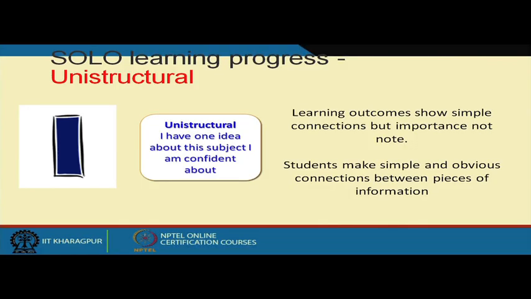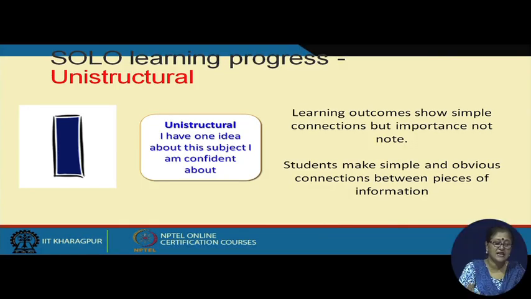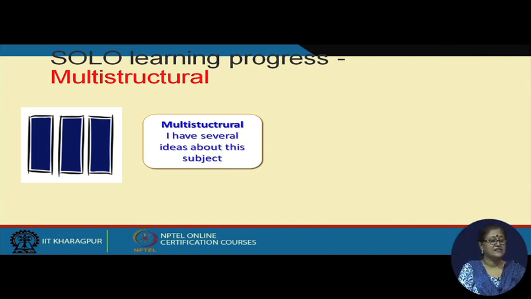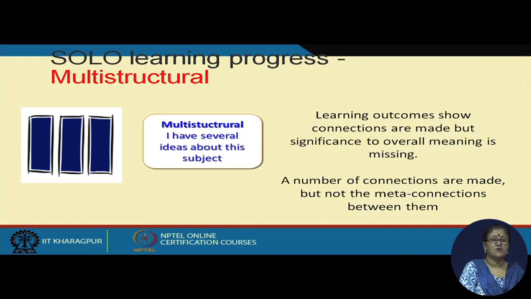That is the unistructural level. The learning outcome shows a simple connection, but importance is not noted. The student makes a simple and obvious connection between pieces of information, that is all. But when it comes to the multistructural, I can see several ideas about the subject, where the learning outcomes show connections are made, but significance to the overall meaning is missing.